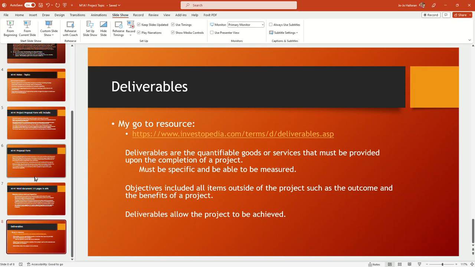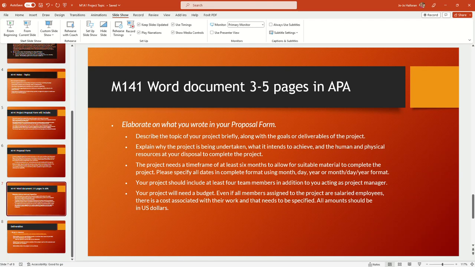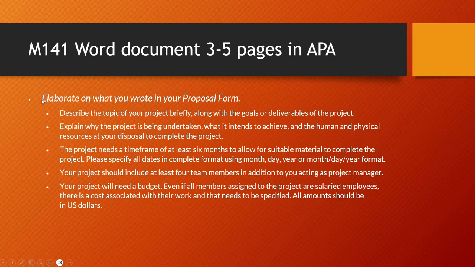Let me go back to the Word document. When you do your Word document, which is another piece of this assignment, all you're going to do is elaborate on what you wrote in your proposal form, okay? So you're going to take each one of those pieces and write a paragraph or two about each one of these.